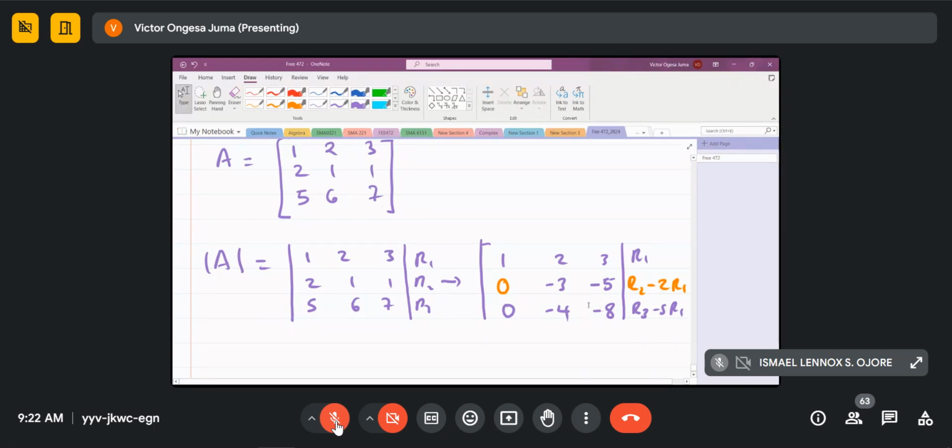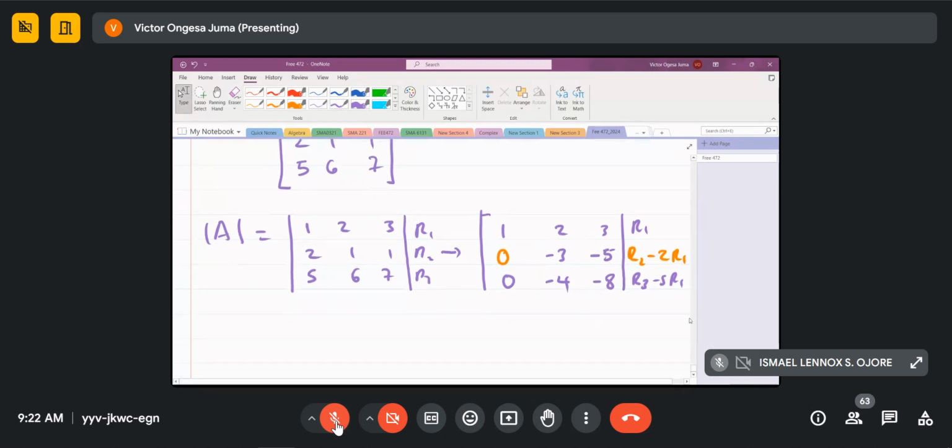And so remember, since I'm eliminating row 2 and row 3 and I've not multiplied them by anything, the determinant has not changed. So I can still take the negative outside, and then the determinant of A is the same as negative 1 times 1, 2, 3, 0, 3, 5, and 0, 4, 8.